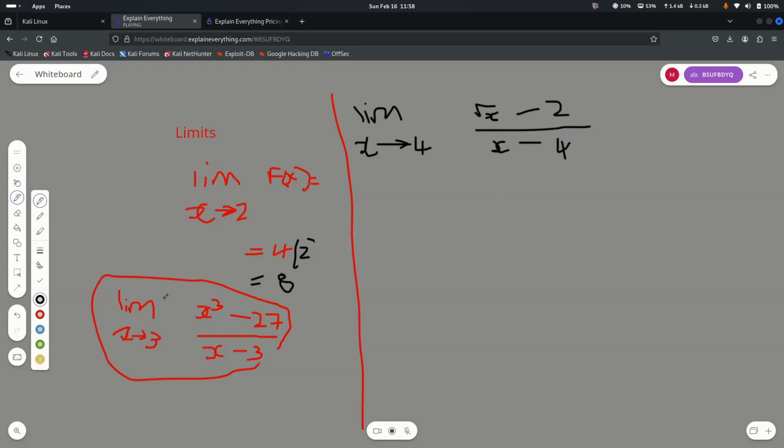All right, then what we are going to do is this: we are going to take this function that we see here, square root of x minus 2 divided by x minus 4. So we are going to multiply on both sides using the conjugate.